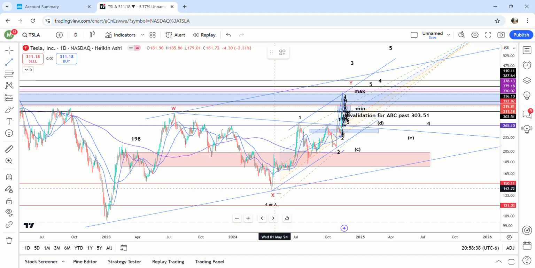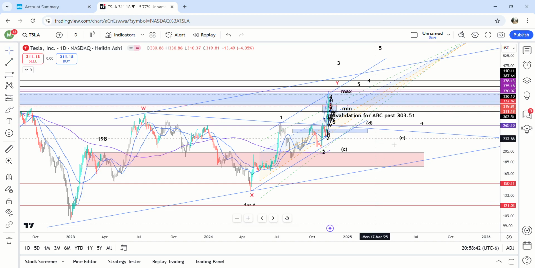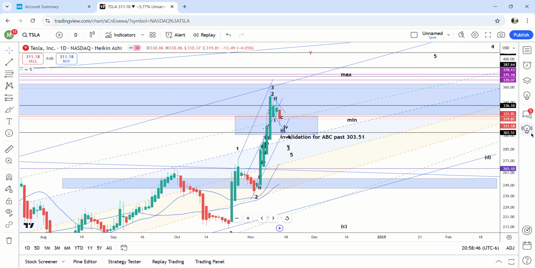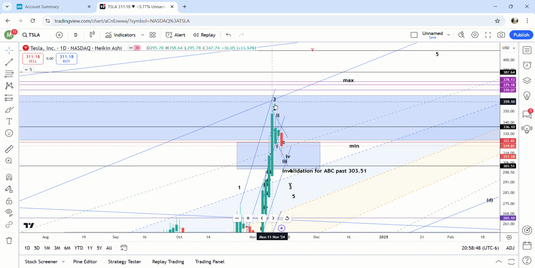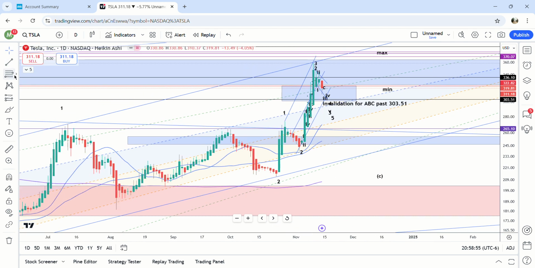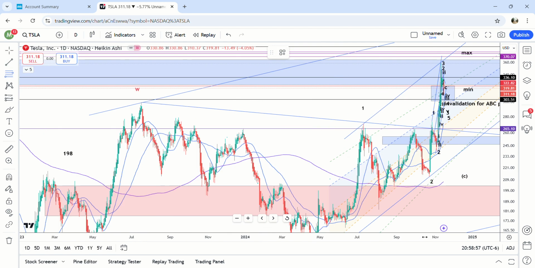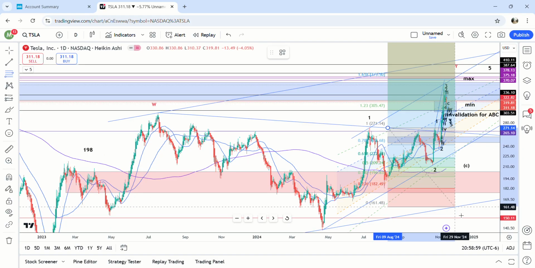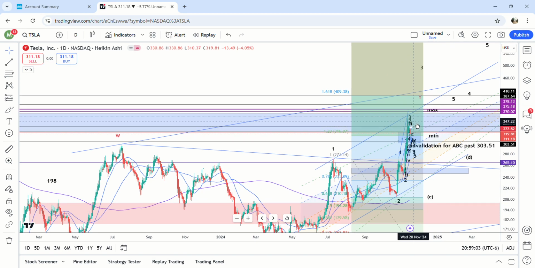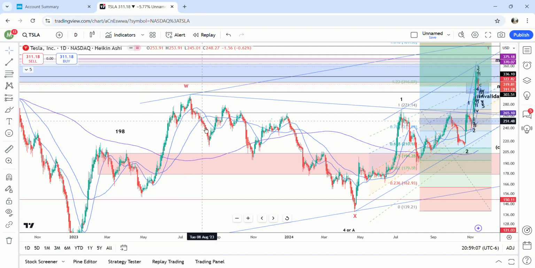Now, if we go here, I already have it drawn up here. Look where this hit. This literally hit the very top of the parallel line and then came down. Rejected that parallel line. And this hit right between the 1.23 and the 1.61 fib, the exact same as this.